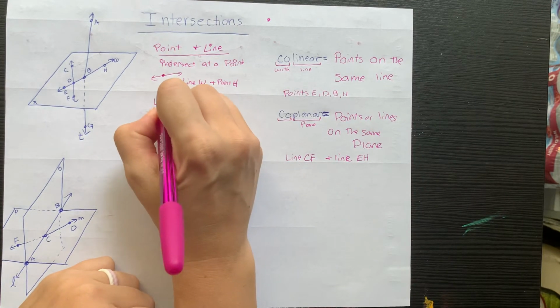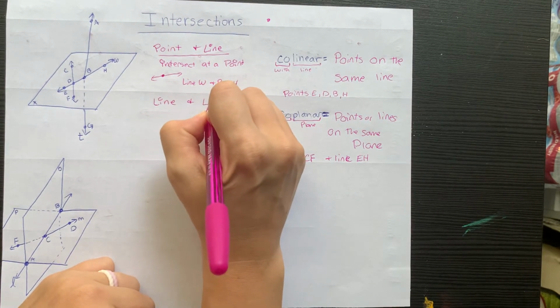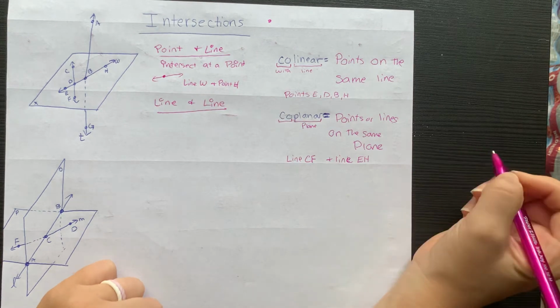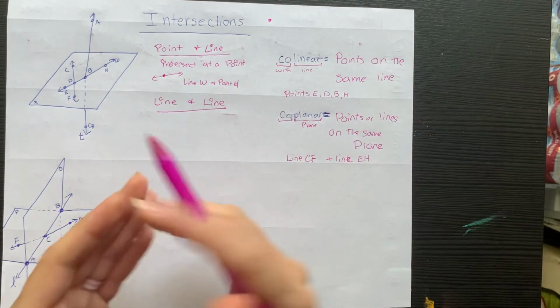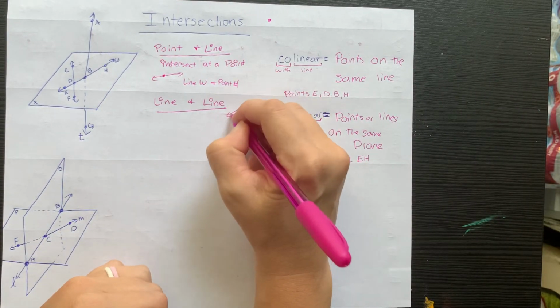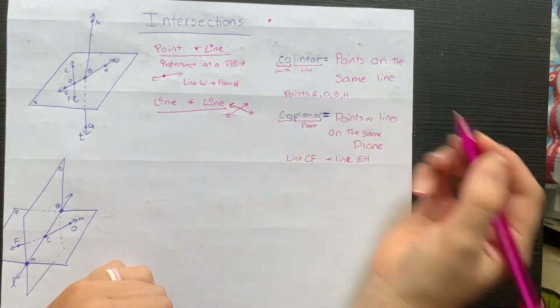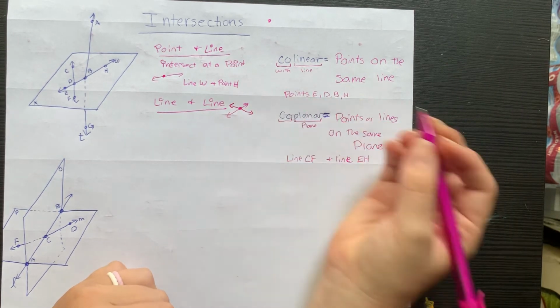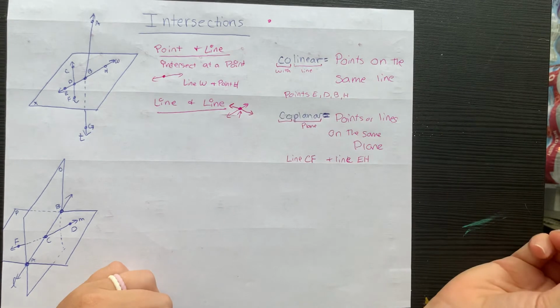I could have a line and another line intersect. Right? What happens when we draw 2 lines? If I draw 2 lines crossing, they meet on one point. Right?